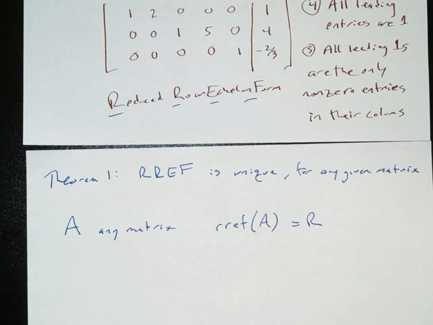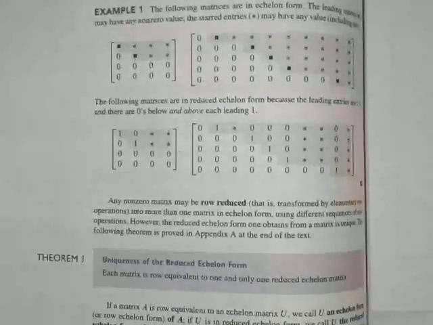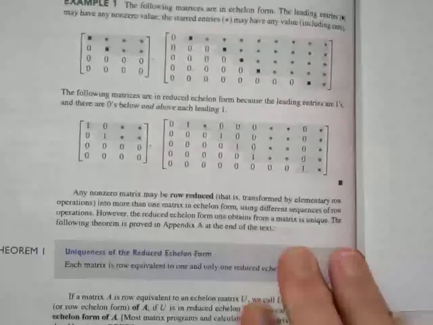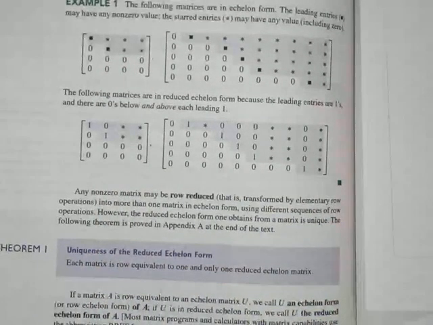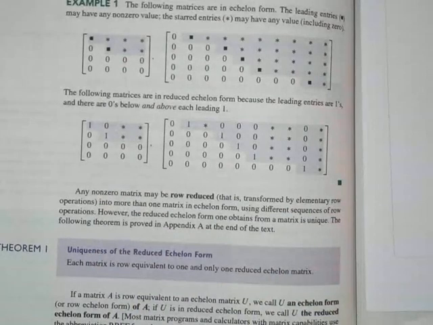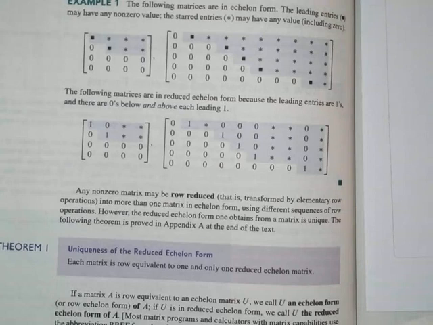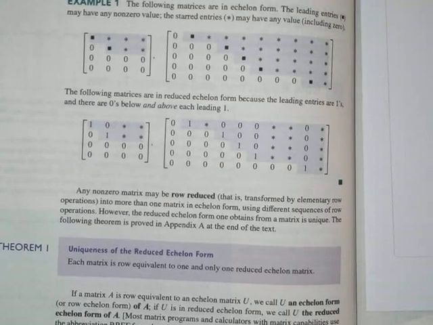However, if I go back and look at that example 1, I notice something interesting. The leading entries, when I do my echelon work, don't move.